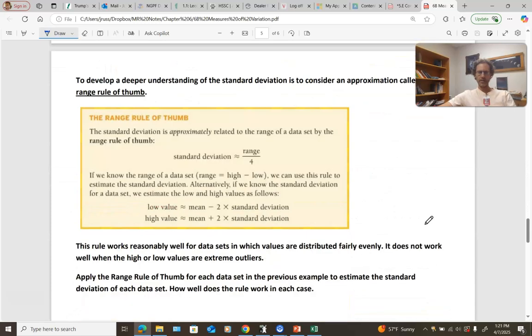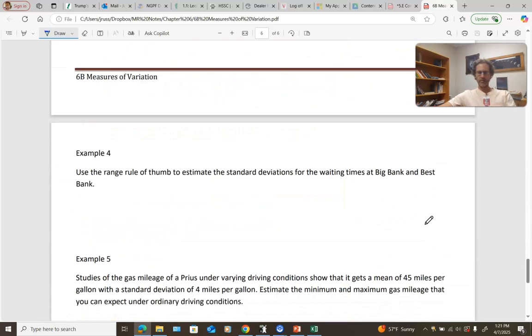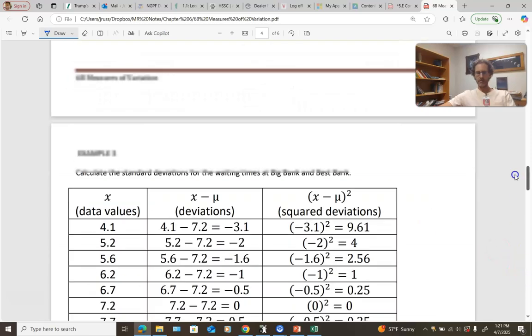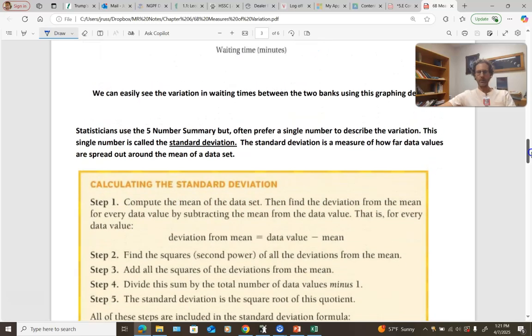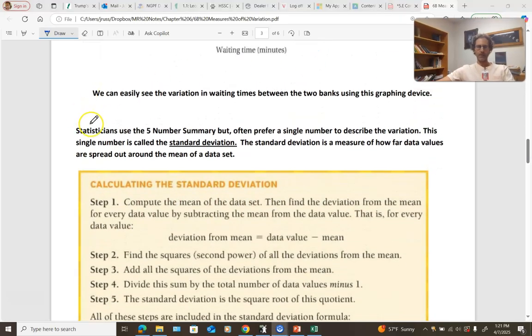I think this might be a good place to stop this video, for part 1 anyway, because now what we're going to do, if you look right here, it says statisticians use the 5-number summary, but often prefer a single number to describe the variation. Now we've looked at the range, but we've also seen how the range can be deceptive. So we want another number that's more robust.